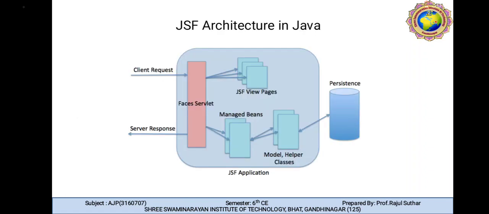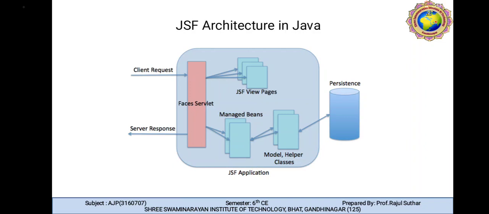Then here is the architecture for JSF. The user submits a request to the application server using a web browser. This request is received by the JSF servlet. This servlet is a part of the JSF library and need not be written. It basically acts as a controller because we are using the MVC model.